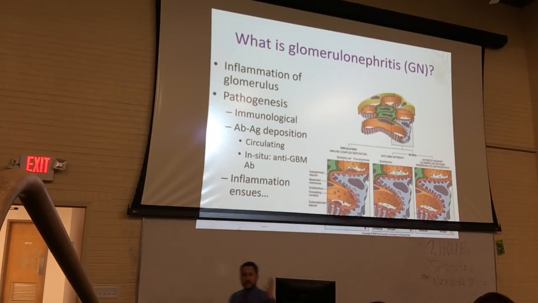So, if we look at these pictures at the bottom, which might be harder to see on the screen, but maybe easier in your notes, we've got our in situ, which is our anti-GBM, anti-glomerular basement membrane antibody. So we have an in situ, that's this one, where you've got the antibody binding to an antigen on the basement membrane. So you see how this is evenly dispersed across this red line.